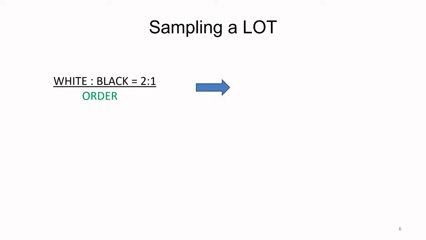Now this is again the same thing here. What we are saying is that if you have an order of, let's say, 3,000 pieces, in which 2,000 pieces are in white and 1,000 pieces are in black, then when you are taking out the samples, you must ensure that you take out the samples in the same ratio of 2:1. 2,000 white pieces, 1,000 black pieces. So the ratio is 2:1. So when the order is in the ratio 2 is to 1, then you will take out the samples in that same ratio of 2 is to 1.